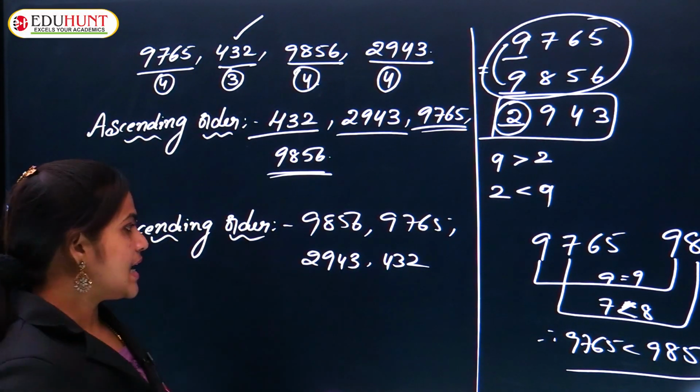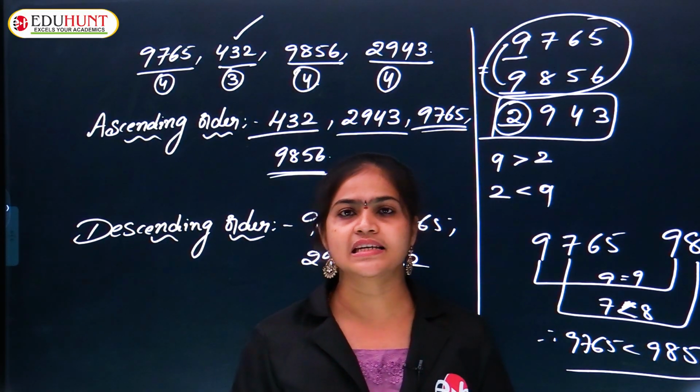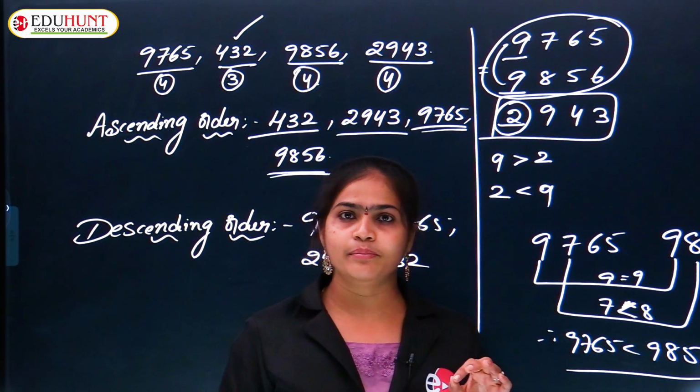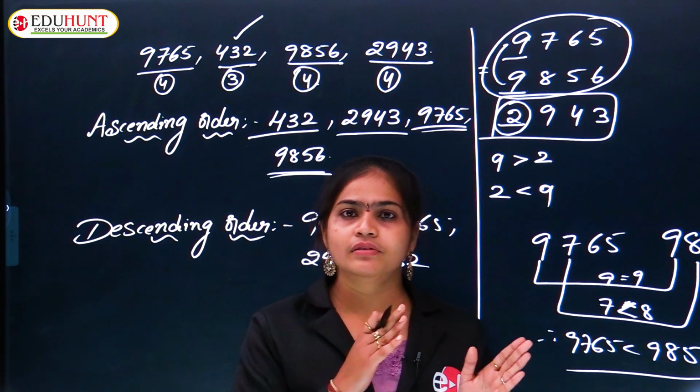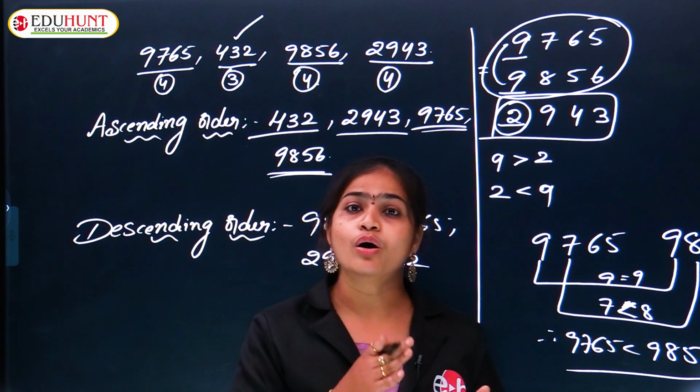Understood ma? Yes. And in the same way, by using comparison, in that first concept, actually they give us digits to form 4-digit numbers or 5-digit numbers or 3-digit numbers.